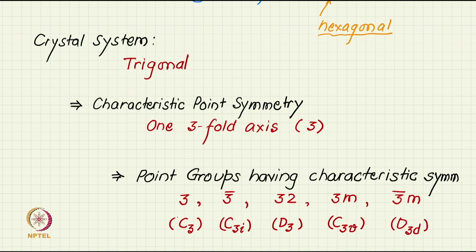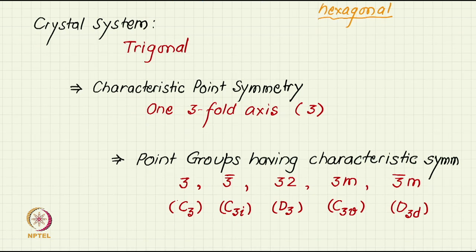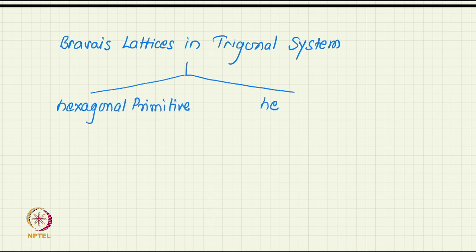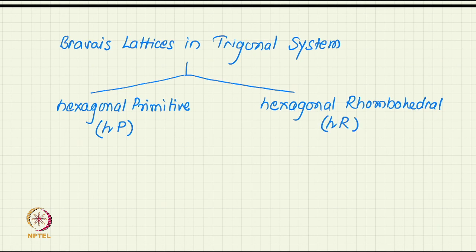Any crystal having these 5 point group symmetries will be, by definition, a trigonal crystal. But to represent these trigonal crystals, we need Bravais lattices, and as I pointed out, there are 2 of them in the trigonal system: either hexagonal primitive or hexagonal rhombohedral, HP or HR.